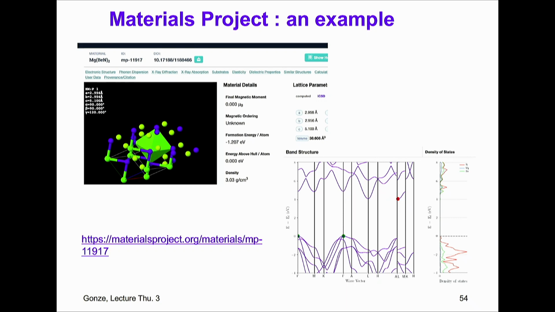And indeed, you will find after the simple presentation of the crystallographic structure, this view, that on the Materials Project site can be shuffled around. You will find the electronic structure here with the density of states.